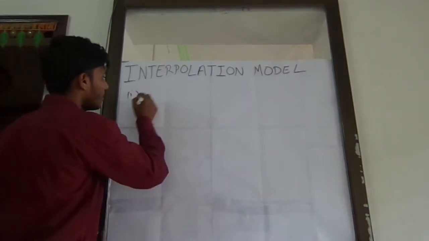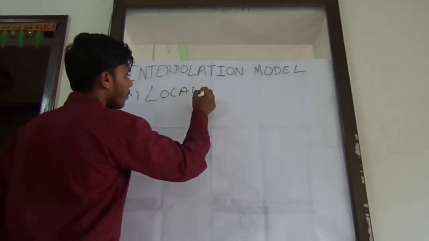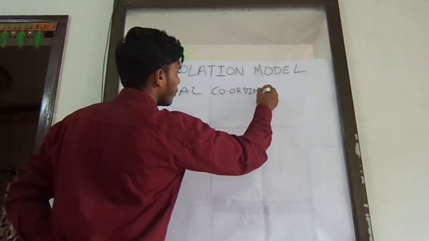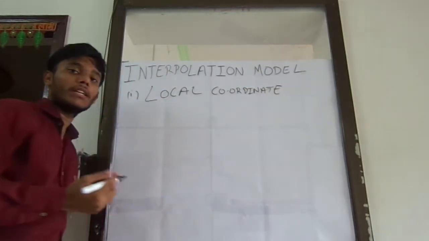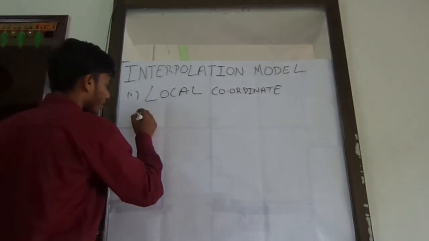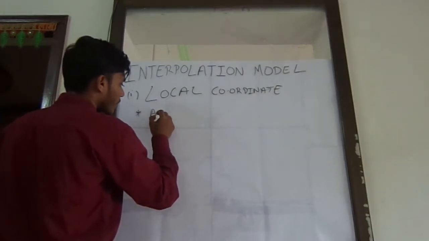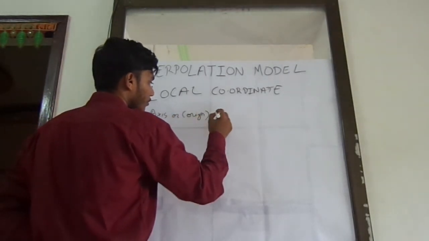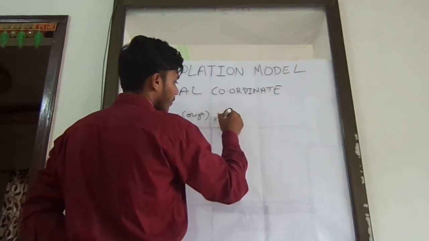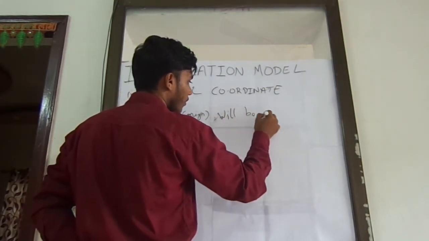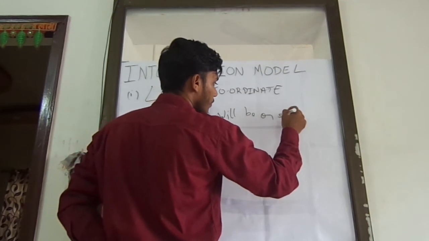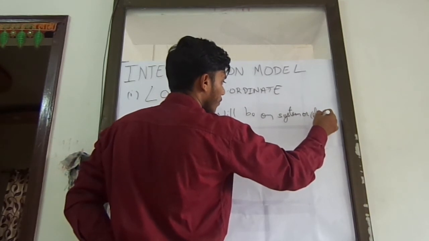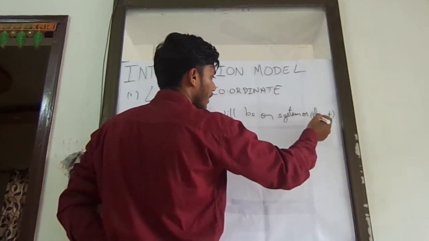So first let's see the local coordinate system. Now what does local coordinate mean? The basic key point is that the axis, or you can say the origin, will be on the system, or the element. So the element is our system.